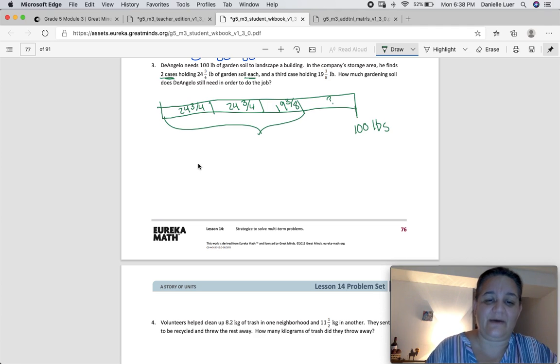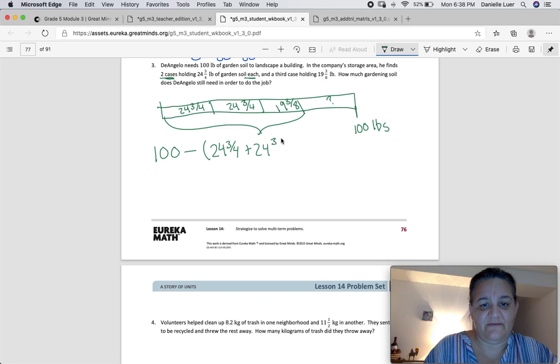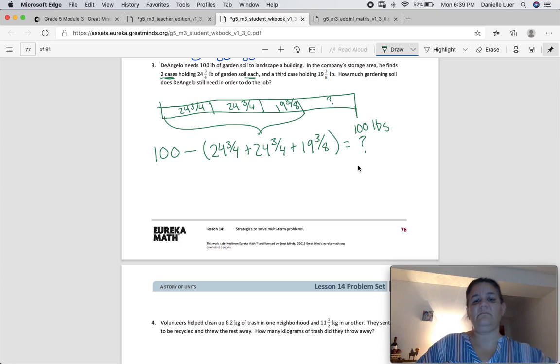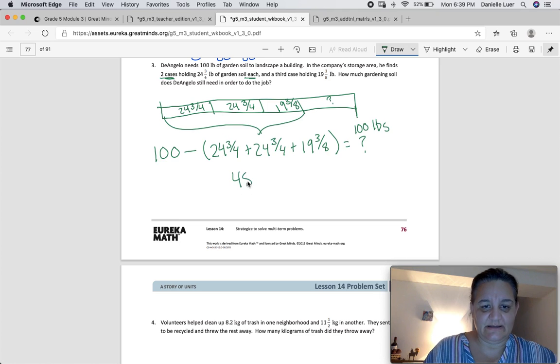Now we're going to write our expression, which is 100 pounds minus 24 3/4 plus 24 3/4 plus 19 3/8 equals how much he still needs. Okay, we can add these two right away. 24 and 24 is 48. 3/4 and 3/4 is 6/4.